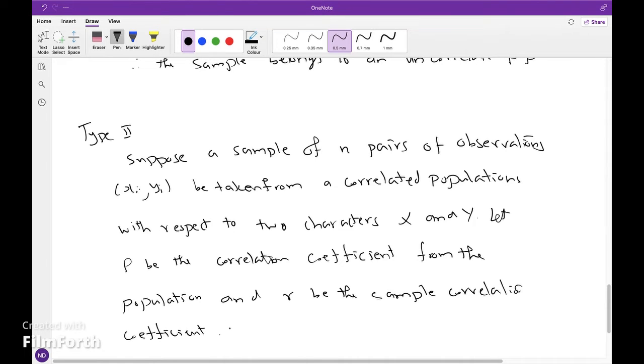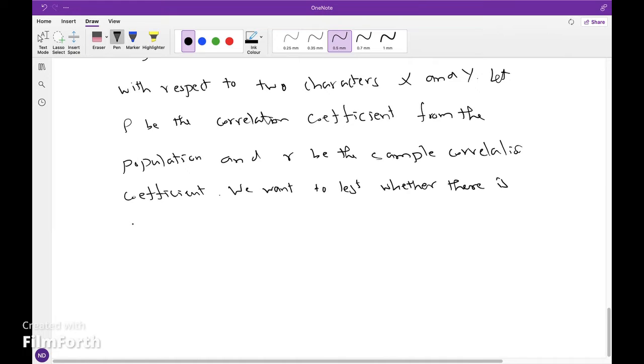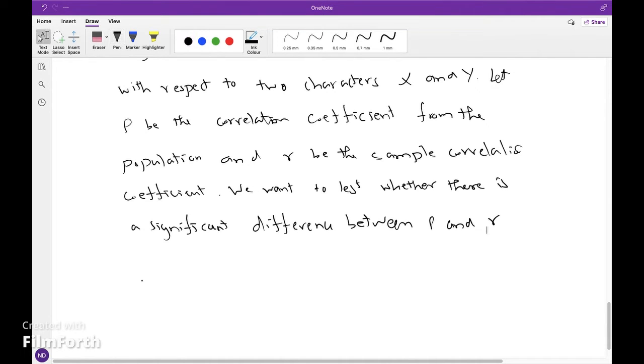We want to test whether there is a significant difference between rho and r, the correlation coefficient from the population and the correlation coefficient from the sample.